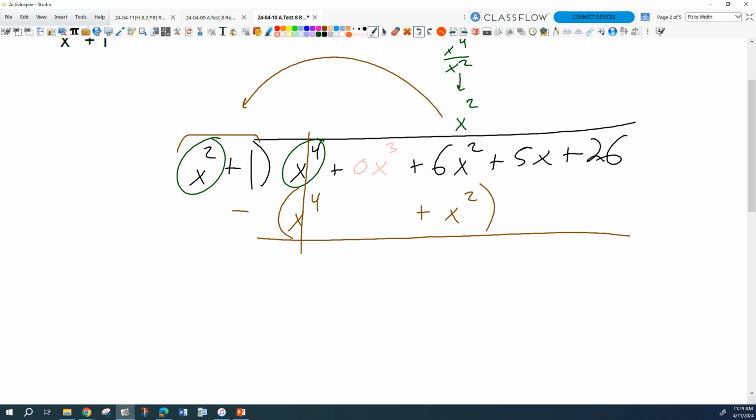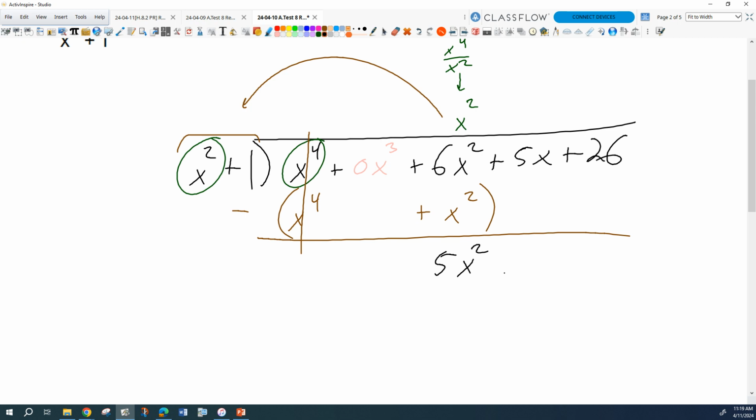That would be like putting a random 0x to the 5th out front when we wrote down our polynomial inside the division bracket. We wouldn't do that. You don't start a polynomial with 0. So we skip that one and move on to the x squareds. 6x squared minus x squared is what? 5x squared.